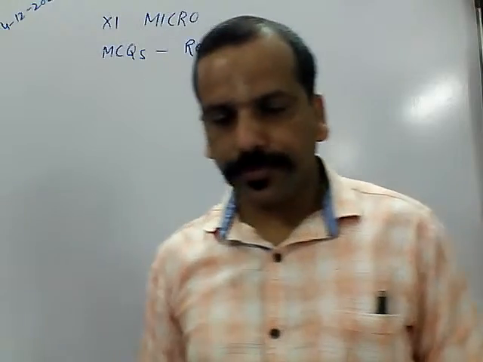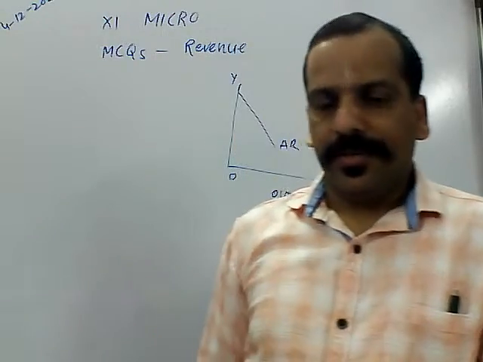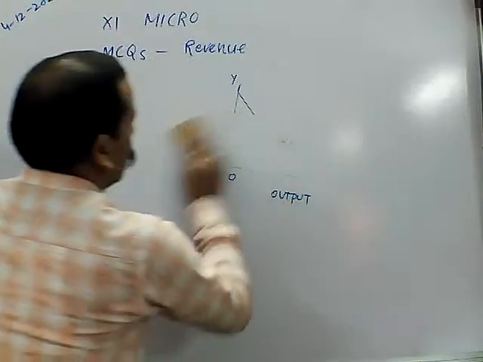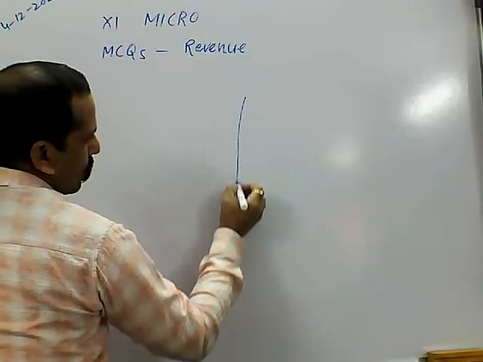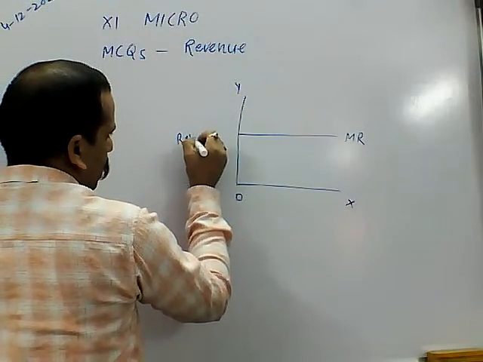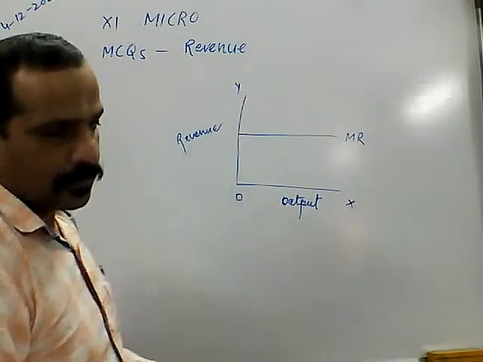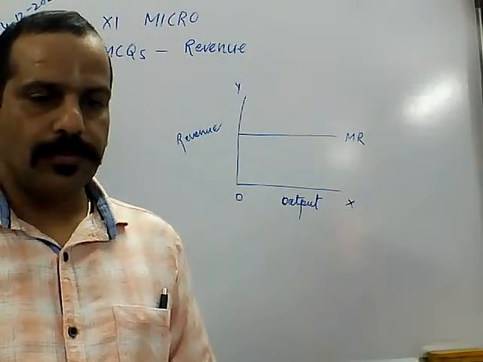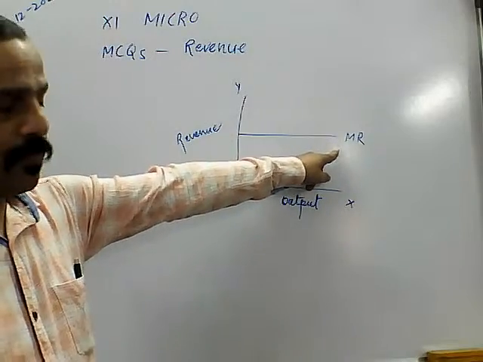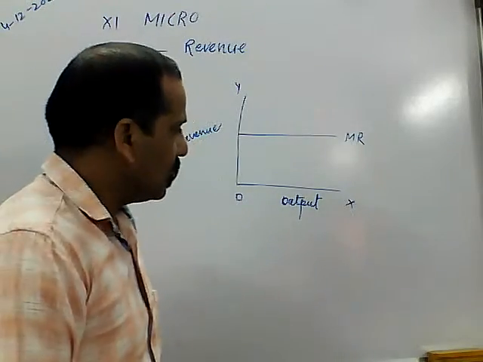Question number 3. When MR remains the same, total revenue increases at constant rate, diminishing rate, increasing rate, or none of these.